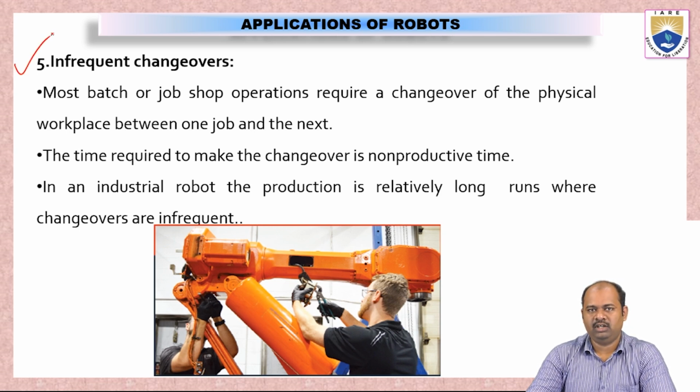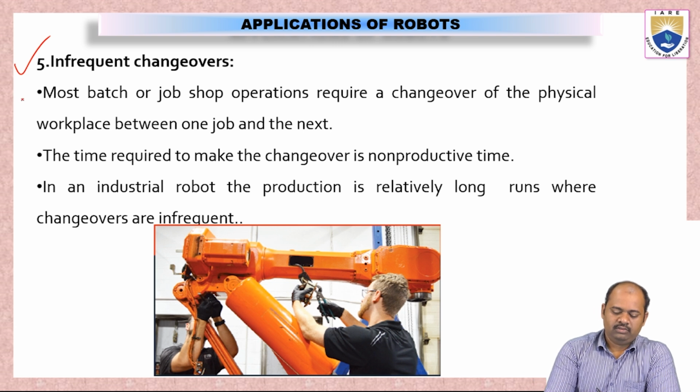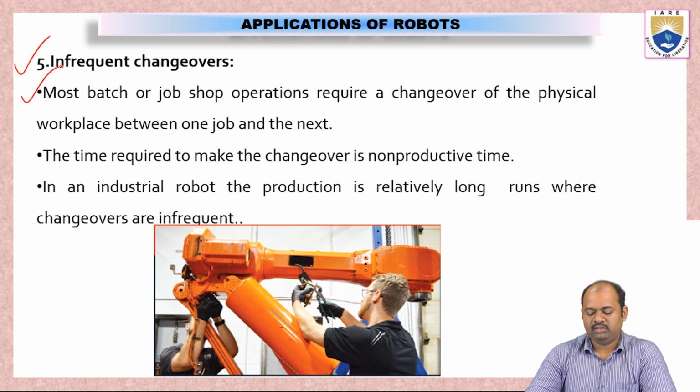This is a very important concept when we are studying robotic applications. Most of the automation machines or normal machines require changeover. Changeover indicates the removal or repair or maintenance of the parts inside the machine. Most operations require a changeover of the physical workplace between one job and the next.